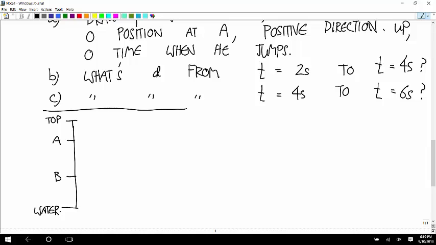And before we even start thinking about the numerical labels for these different points, we can think about the motion. So the person starts at the top, goes down to the water, bounces back up to A, and then the end of this motion is at B.